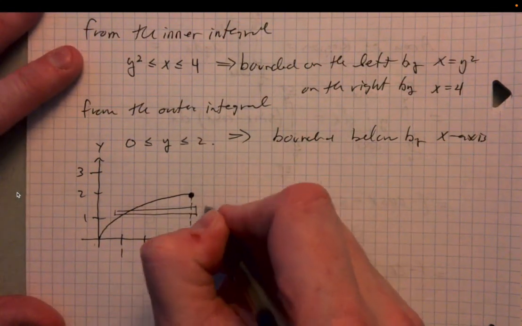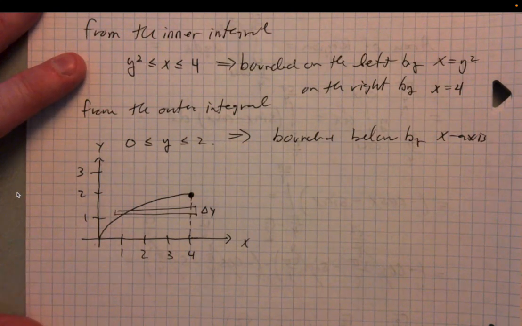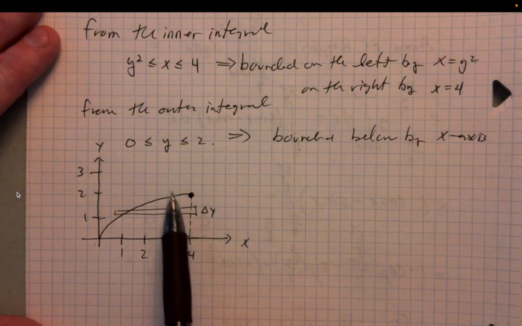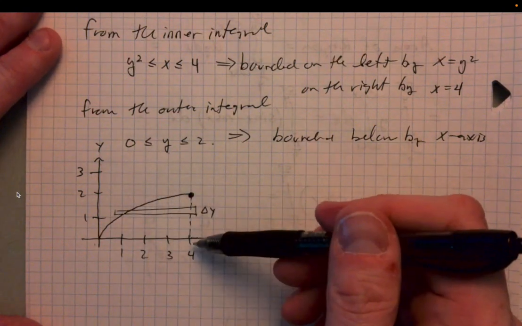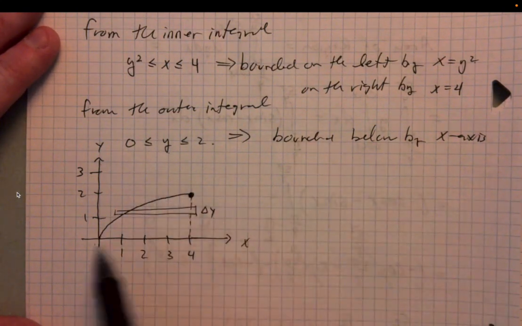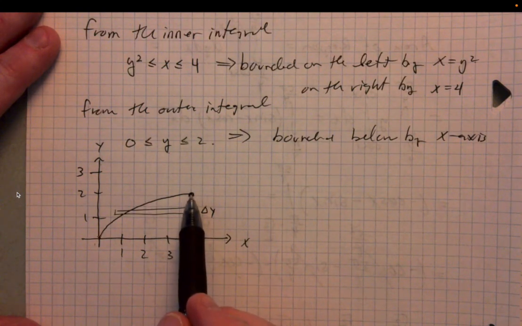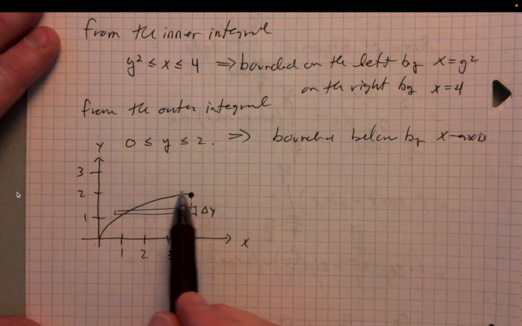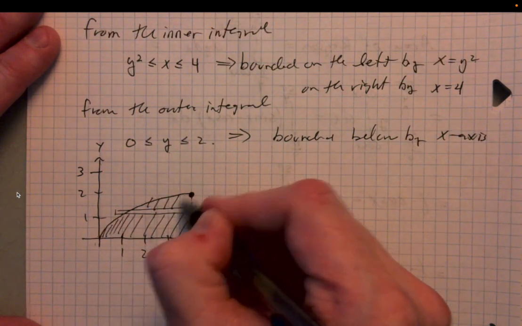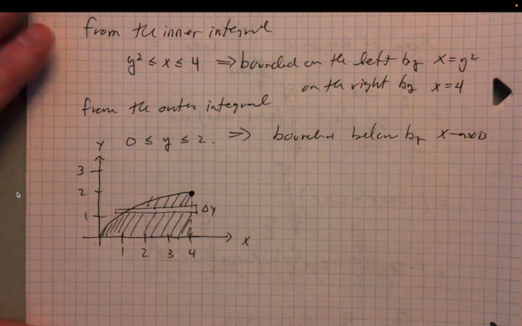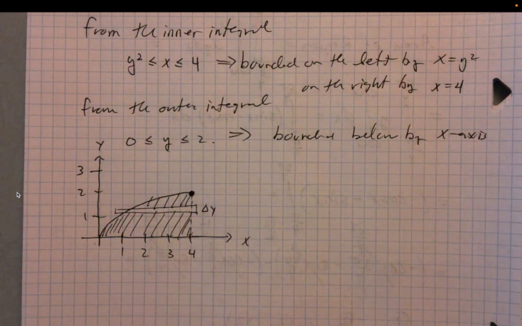Does the other piece work, y being between 0 and 2? It does, because you're only interested in the region up to here, and this would top out at 2. So this would be the region that you're interested in. That's how you'd sketch this one.